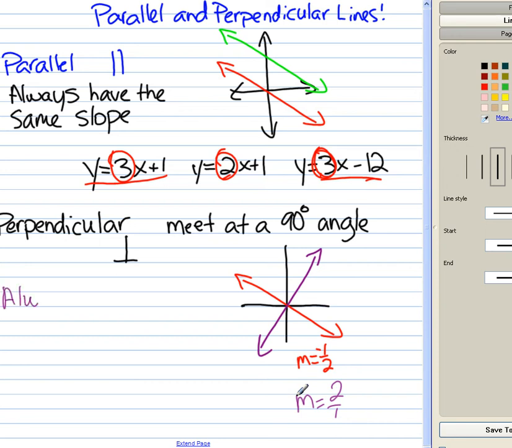So we say the slope will always have, and we'll give the fancy word, the reverse reciprocal. That's probably not how you spell it, but whatever.